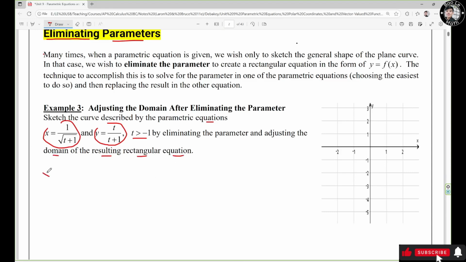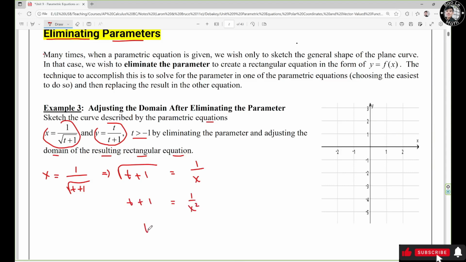Alright, so we have x equals 1 over the square root of t plus 1. From this equation, we need to solve for t. Now, the square root of t plus 1 is 1 over x. Square both sides, so t plus 1 equals 1 over x squared.